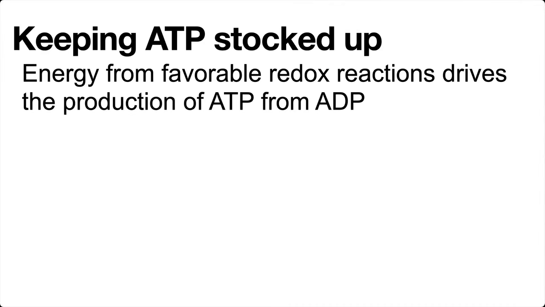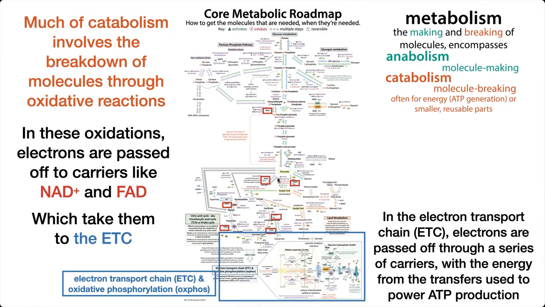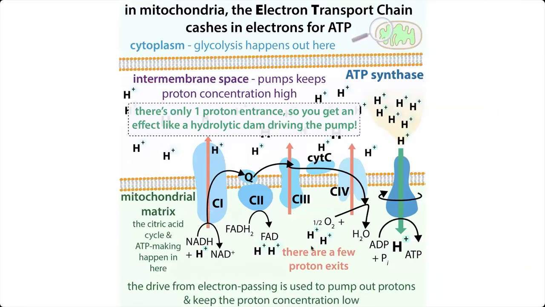So we saw that ATP was helping control the levels of other things, but how do we control the levels of ATP itself? We're going to have to use favorable redox reactions to drive this production of ATP from ADP. Redox reactions in which we're passing the electrons from these fuel molecules onto these carriers, NAD+ and FAD, taking them to the electron transport chain, passing those electrons through more favorable redox reactions, pumping protons into the mitochondrial inner membrane space.